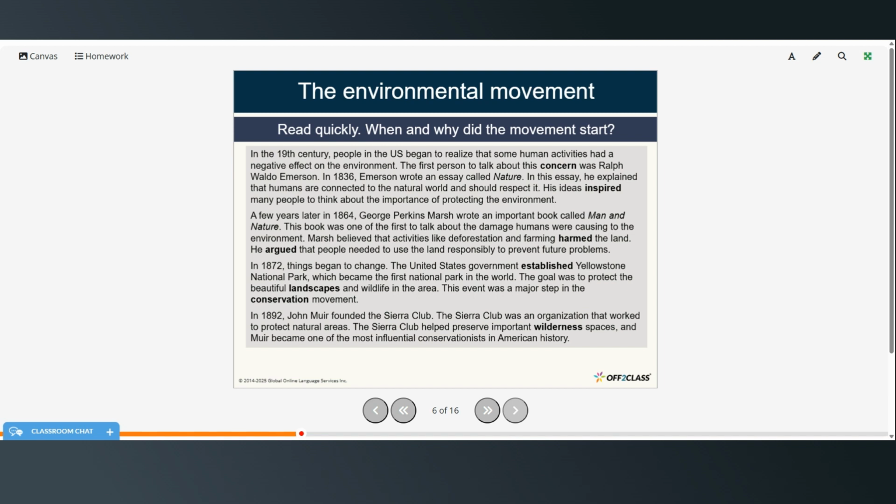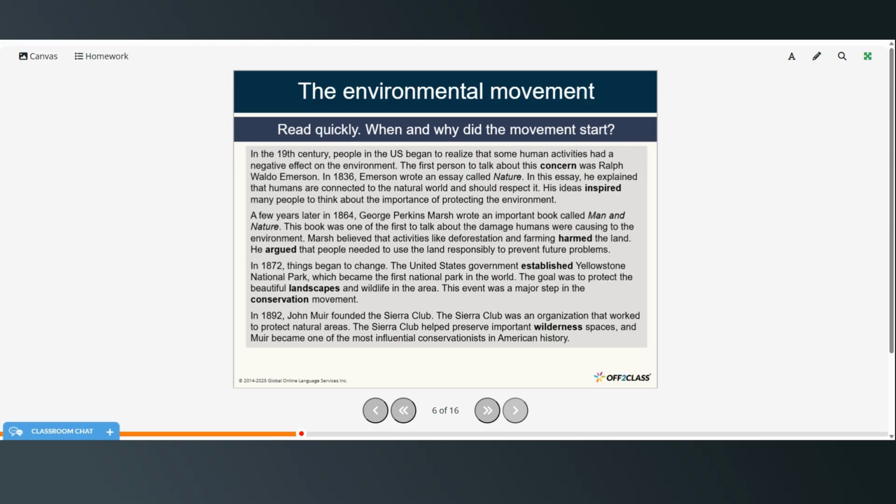In 1872, things began to change. The United States government established Yellowstone National Park, which became the first national park in the world. The goal was to protect the beautiful landscapes and wildlife in the area. This event was a major step in the conservation movement. In 1892, John Muir founded the Sierra Club.